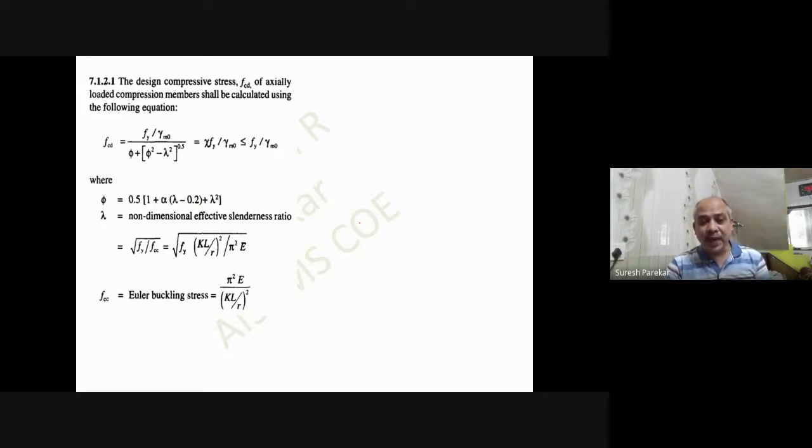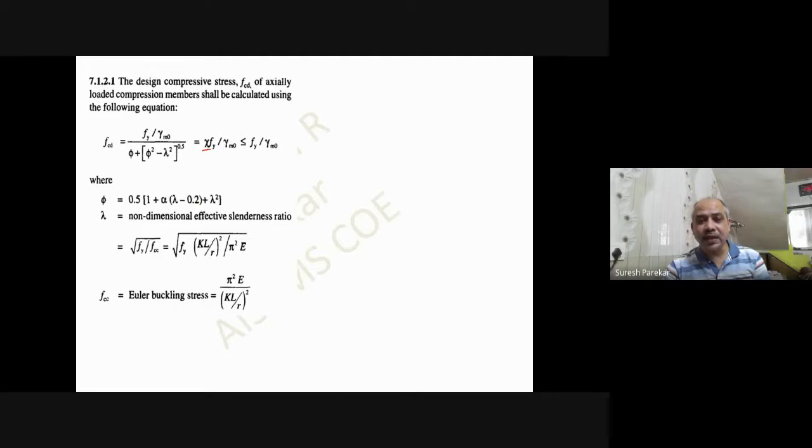Then tables 4 and 5 we have for partial safety factors: first for loads, then for materials. Table 6 we have for deflection limits. Table 7 we have for imperfection factor, which depends on your class, that is ABCD. Then table 8 we have for reduction factor chi. And then table 9 we have for FCD.